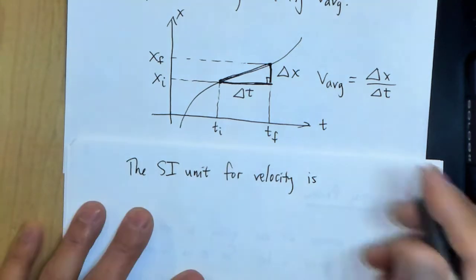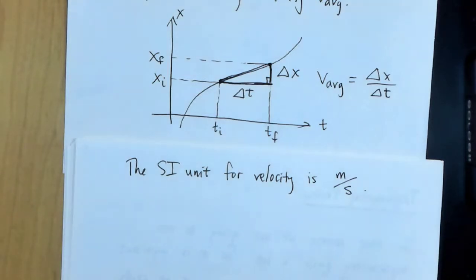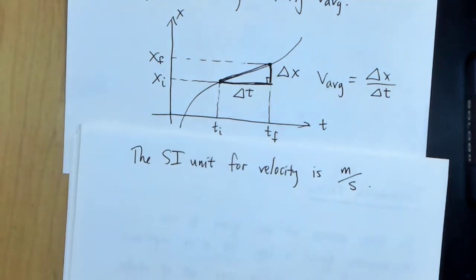Yeah, meters per second. Since we're saying it's delta x over delta t, to get units right, meters for delta x over seconds for time. Okay, that is velocity. Let's now talk about acceleration.